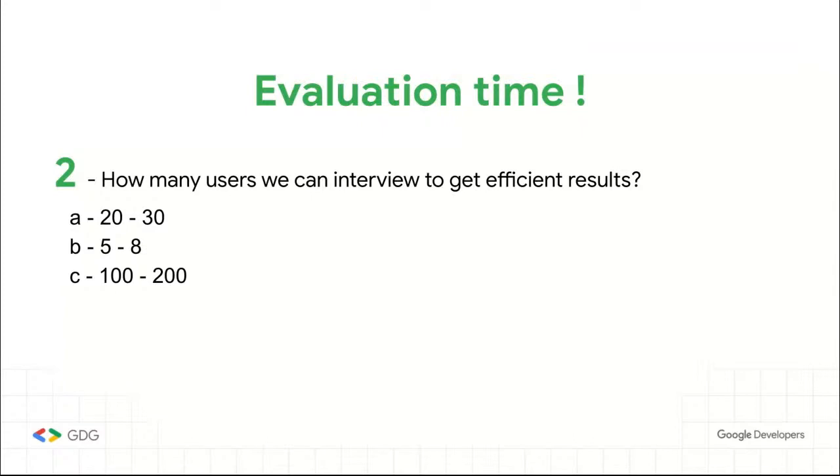But I have to mention this for one iteration, right? This is not 100 to 200, no. Actually, it depends on the percentage of your users. Okay. The answer is B, 5 to 8.